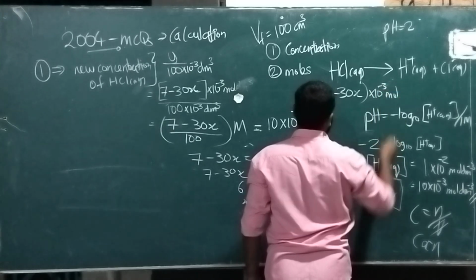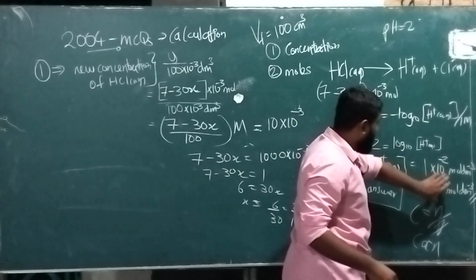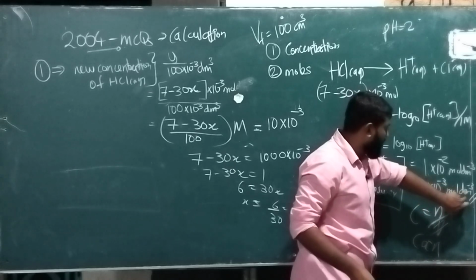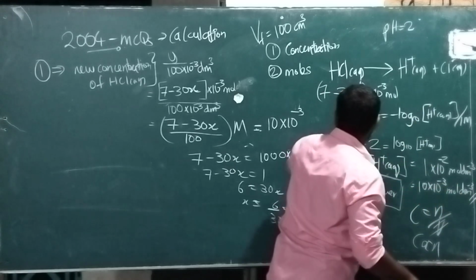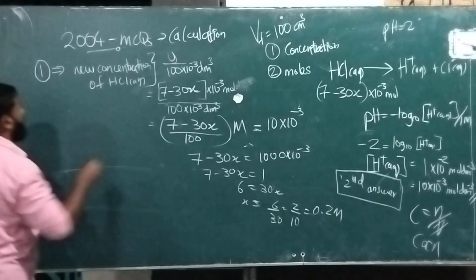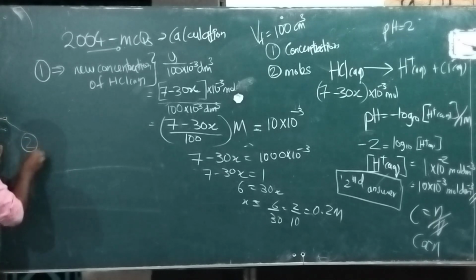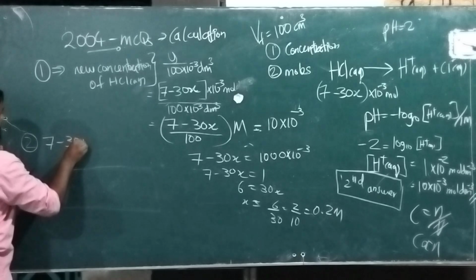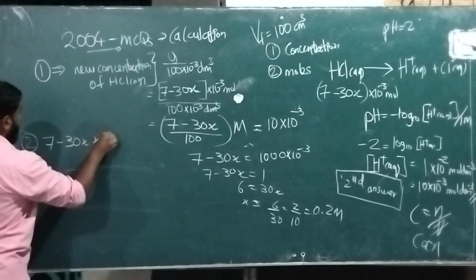In the final resulting solution, you're going to get 10 into 10 to the power minus 3 mole decimeter minus 3. Now you're going to do it directly in terms of moles.